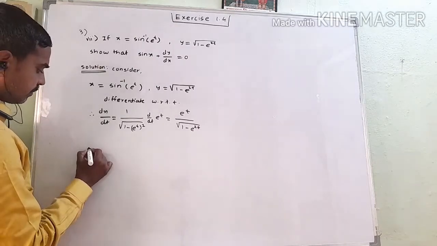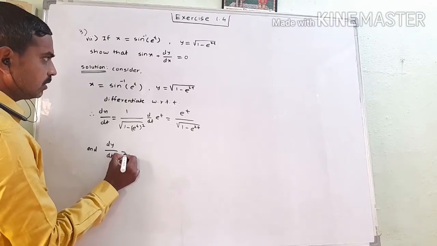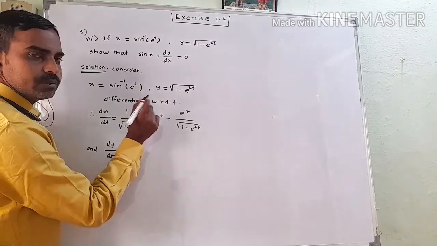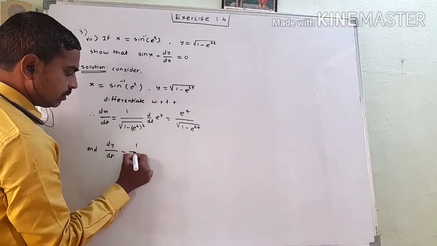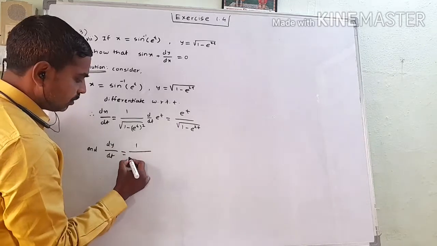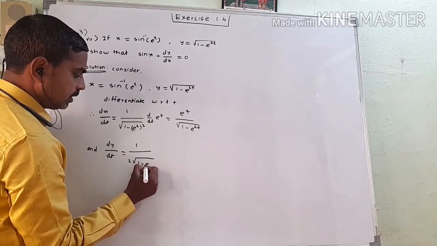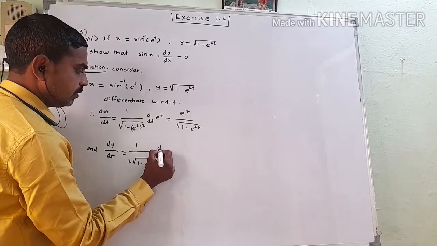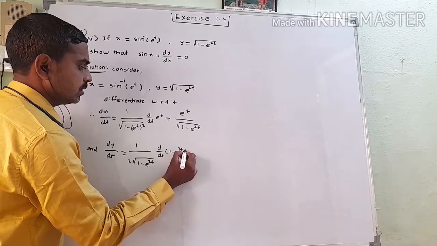In a similar manner, we will find the derivative of y with respect to t. What will be the derivative of y with respect to t? We have to use the formula for root of f of t. The derivative of root f of t is 1 divided by 2 root f of t, into again d by dt of 1 minus e raised to twice t.